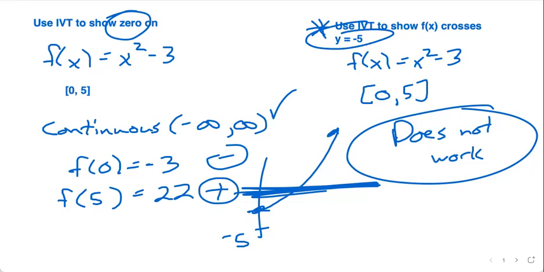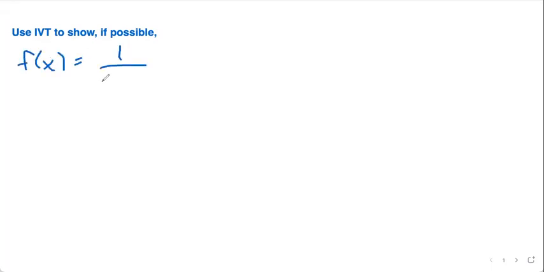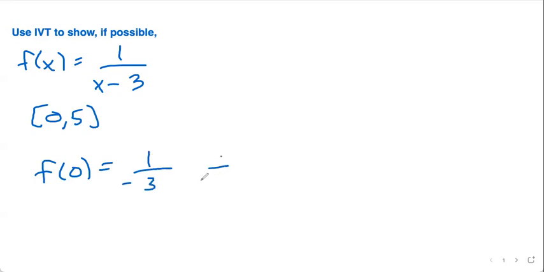And one more instance that you have to be careful about is that it has to be a continuous interval. So if I gave you, again, use the intermediate value theorem to show, if applicable or if possible, the following function: f of x equals 1 over x minus 3 on the interval 0 to 5. Well, f of 0 gives you 1 over negative 3, and that's a negative.